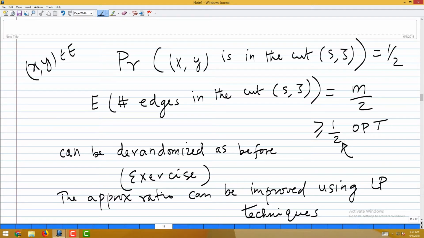There are problems for which we have seen half, 1, 1.5, 2, log n, and I also said there are problems where the approximation ratio can be as close to 1 as possible at the cost of increased running time.